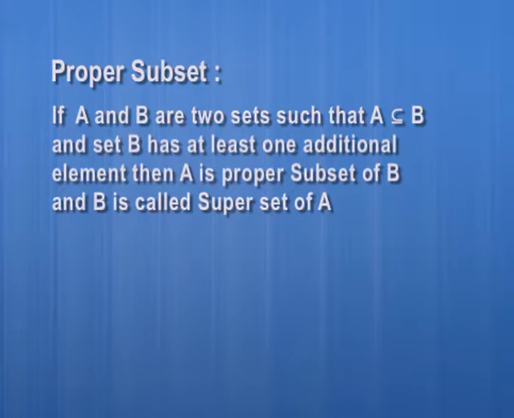Let there be 2 sets A and B such that A is contained in B and B has at least one element extra.